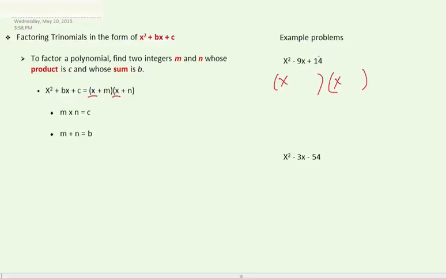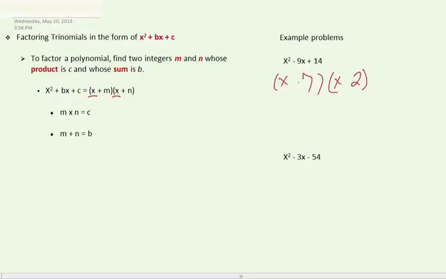There are only two cases where we can multiply and get 14: 14 times 1 and 7 times 2. We know that 14 plus 1 won't give us negative 9, so our two integers must be 7 and 2. Now we must decide whether our signs are going to be positive or negative in our parentheses. Since 14 is positive, both integers have the same sign, either both positive or both negative.